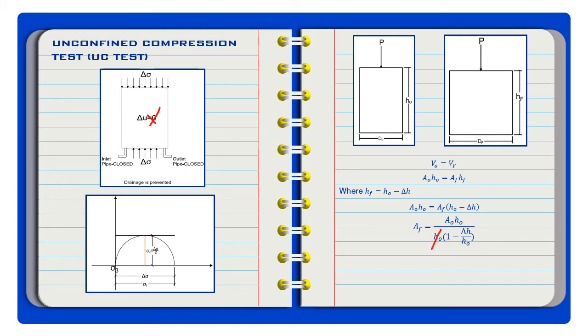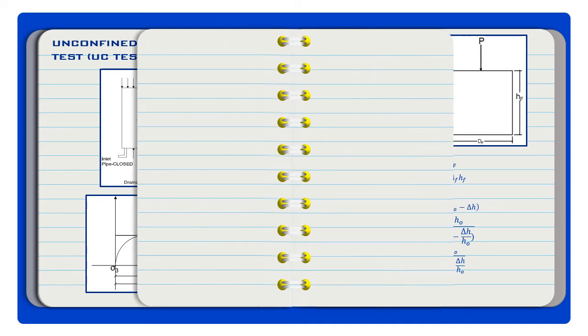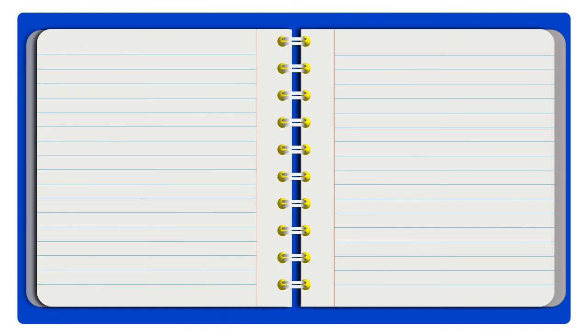As you can see, we can cancel out the HO, resulting to an equation, area final is equal to area original divided by 1 minus delta H over HO.